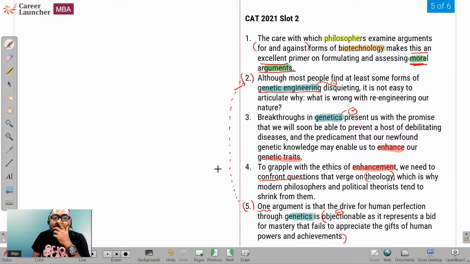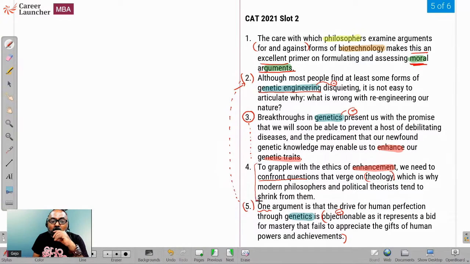right? And we also can talk about the fact that breakthroughs in genetics present with promise that is debilitating disease. There's a predicament that newfound genetic knowledge may enable to enhance a lot of things, but to do that, we need to confront certain questions, but philosophers are not caring about that. So probably some sort of a connection.